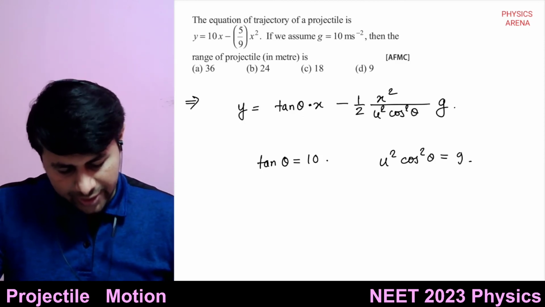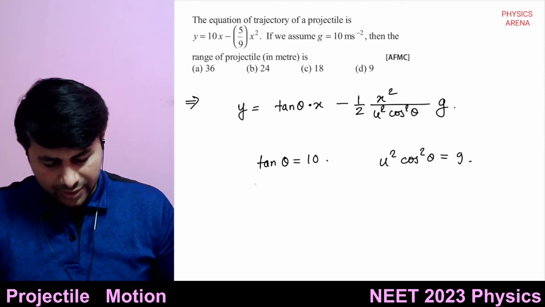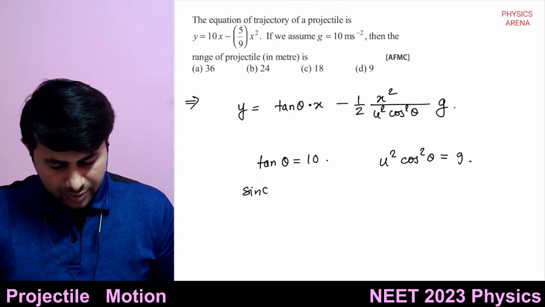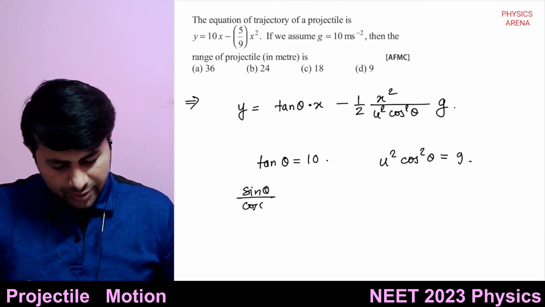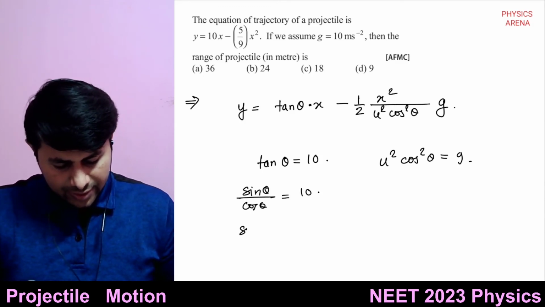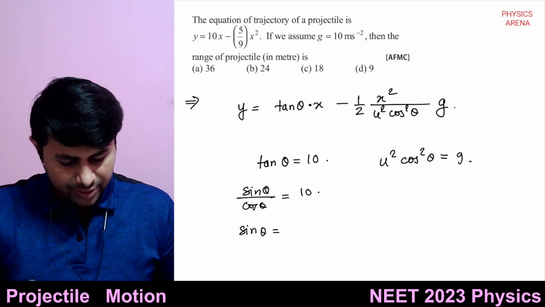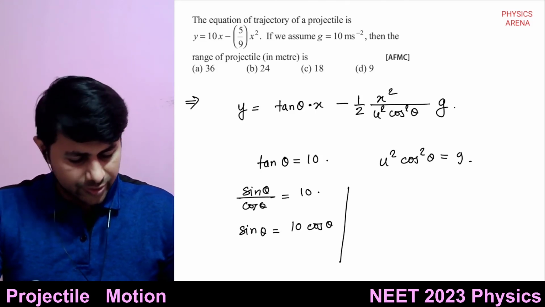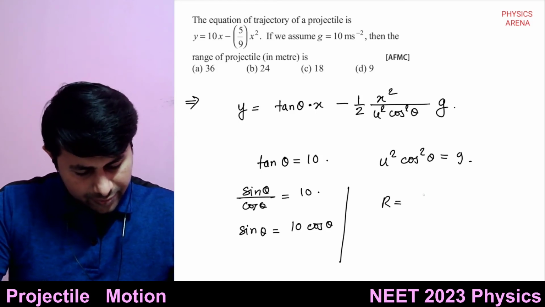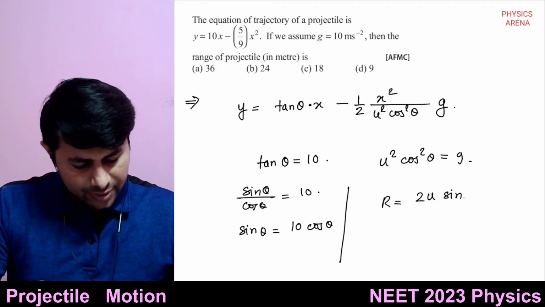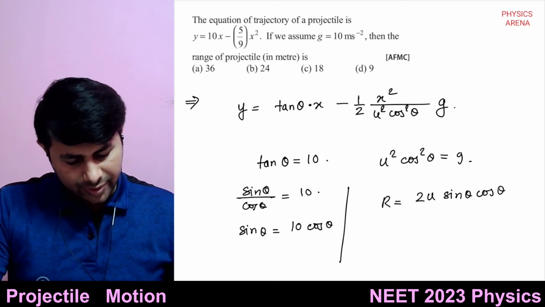And you want the range of the projectile. So tan theta is sin theta upon cos theta, which is equal to 10. Okay, so sin theta is equal to 10 times cos theta, and the range R is equal to what? 2u sin theta cos theta divided by g.